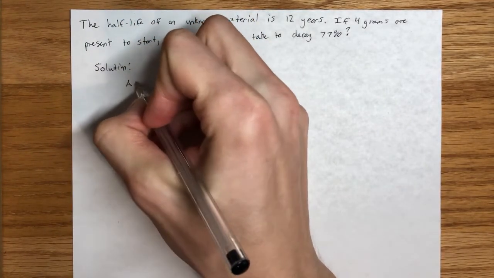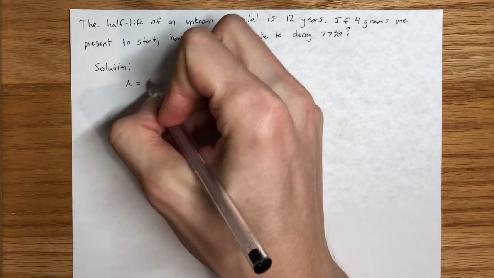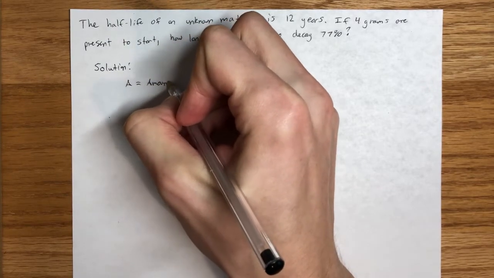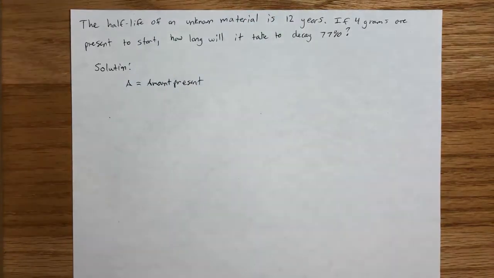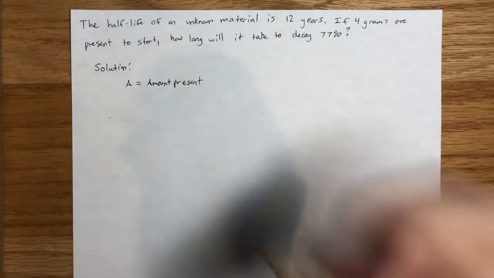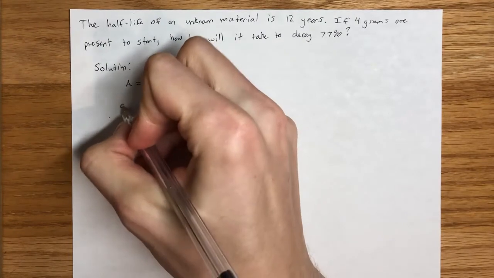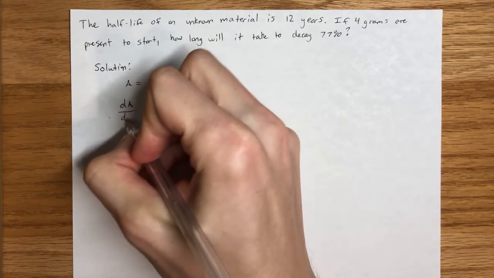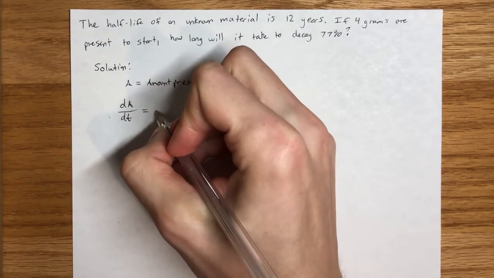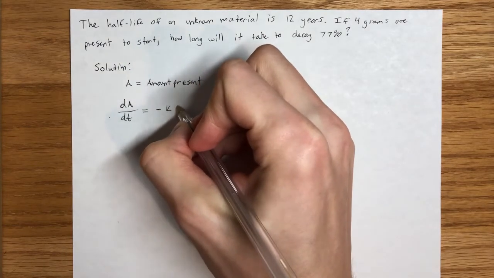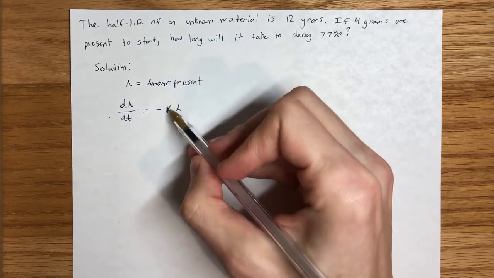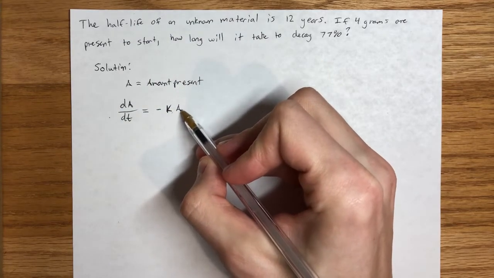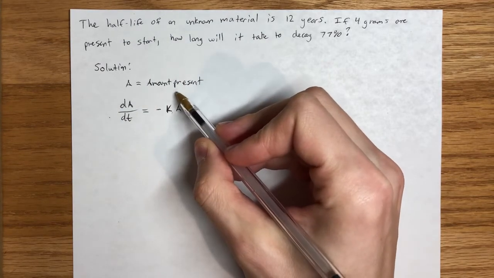I'll say A is equal to the amount present at any given time. And then our change in the amount over our change in time will be equal to negative kA, where k will be our rate, and A will be our amount, as we defined before.